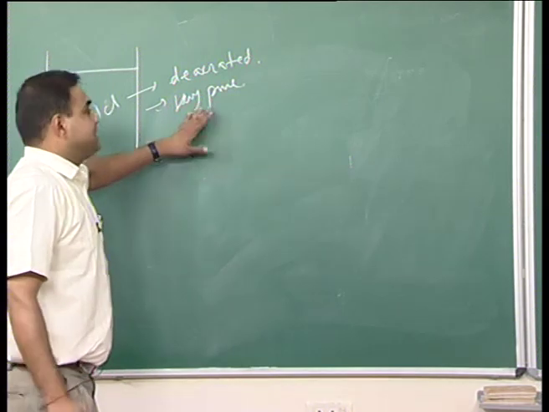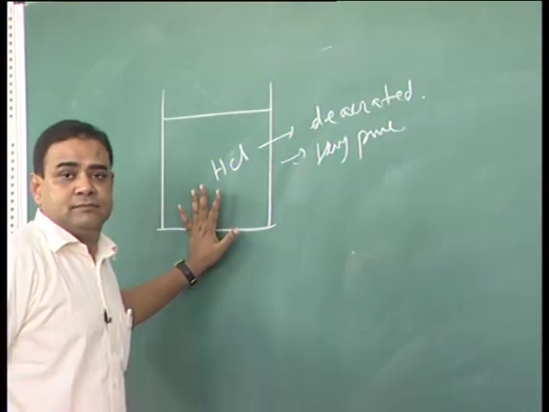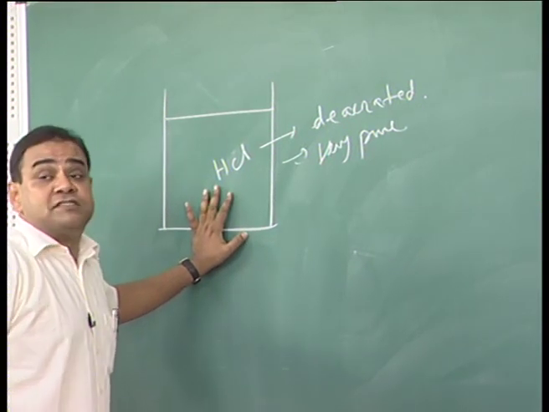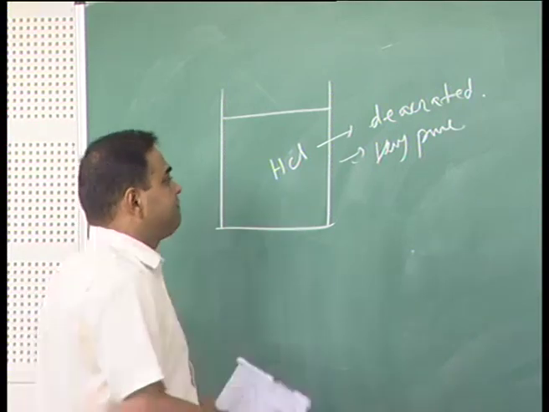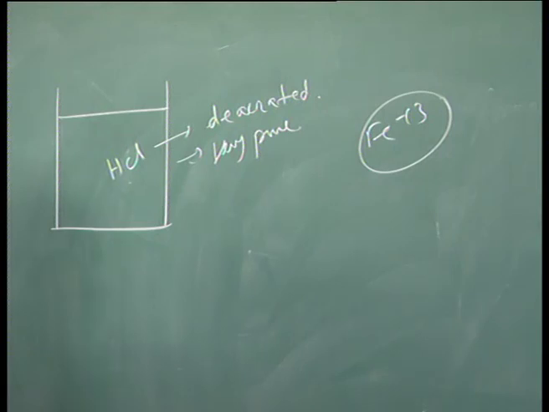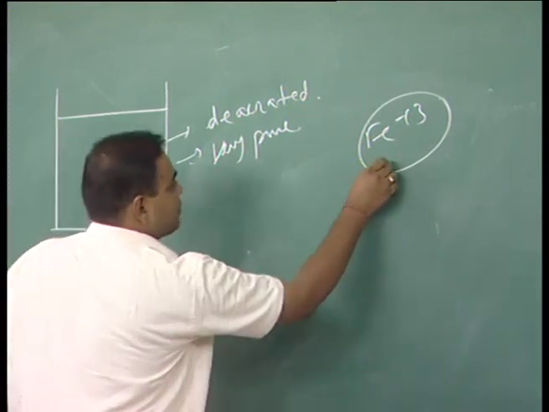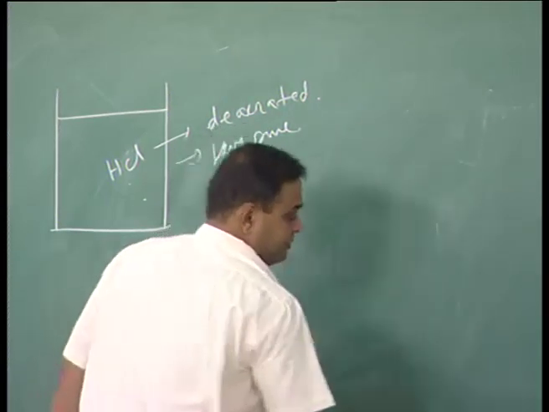Very pure means it does not contain any other species except HCl. HCl can sometimes be contaminated with Fe3+ ions. That can be there in HCl as a sort of impurity in this medium, but we do not have it here.